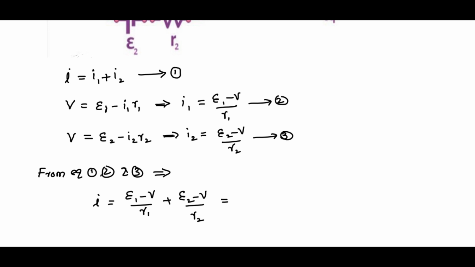I can write this as E1 by R1 plus E2 by R2 minus V into 1 by R1 plus 1 by R2.